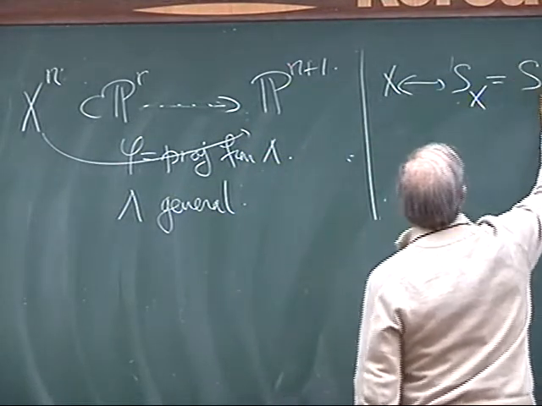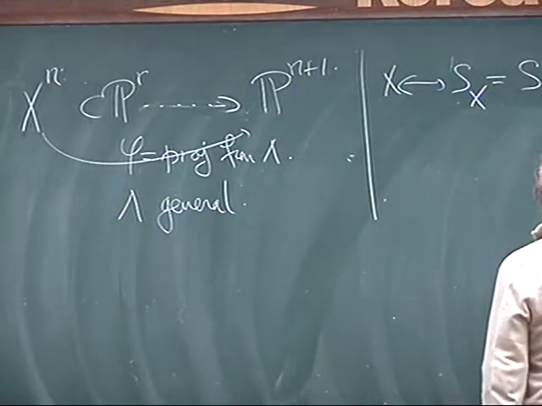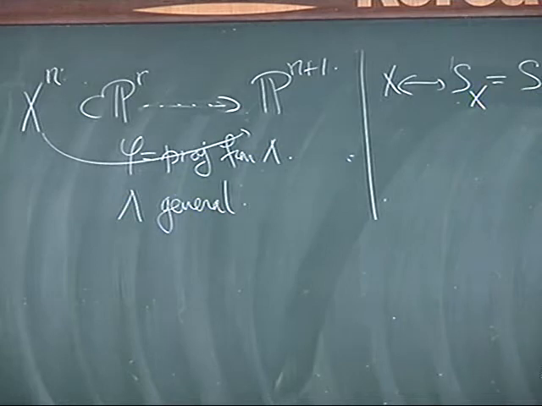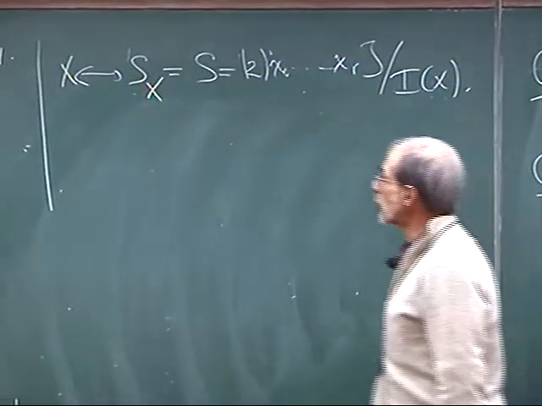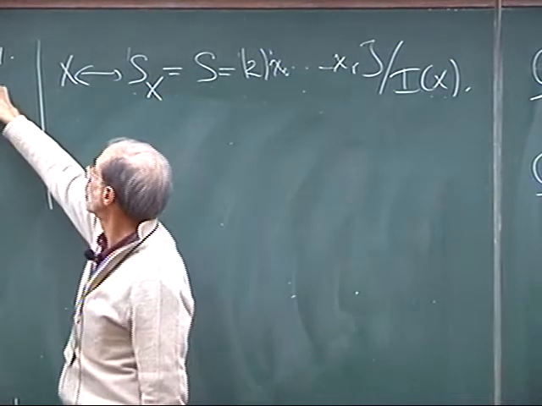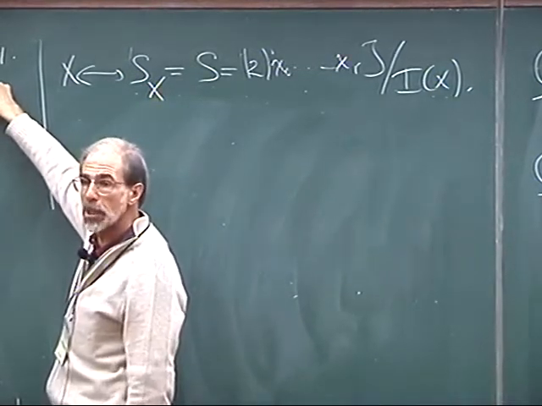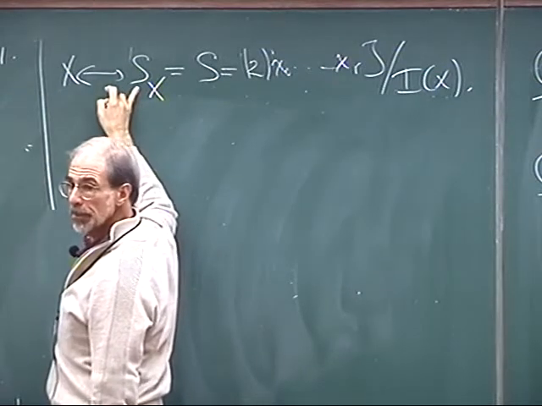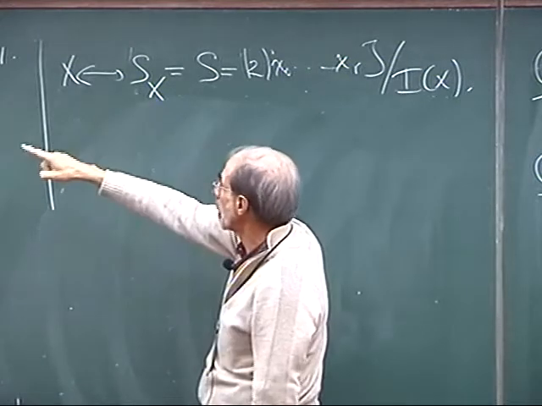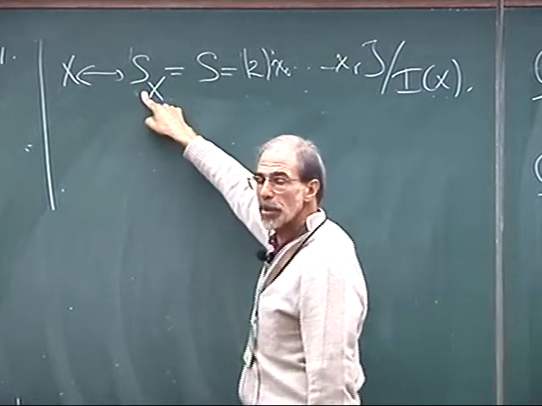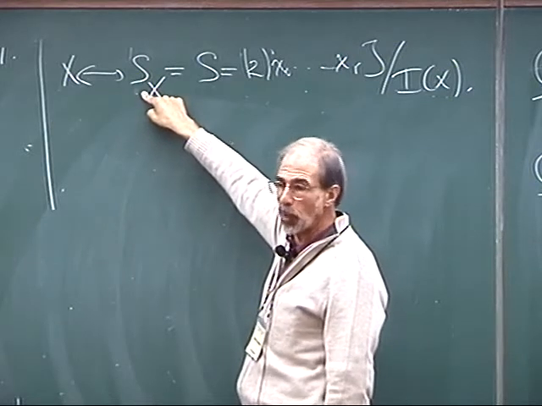That's S, the polynomial ring, modulo the ideal of X. The projection corresponds to a choice of n+2 linear forms in S_X. That's really what it is. X is dimension n, S_X is dimension n+1. So it's rather natural to take n+1 linear forms.